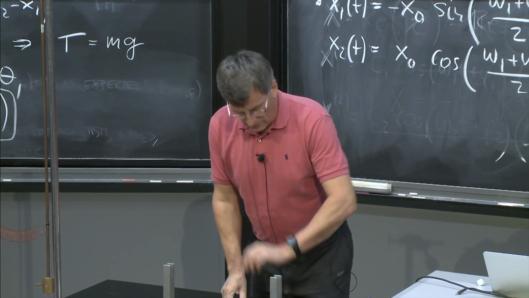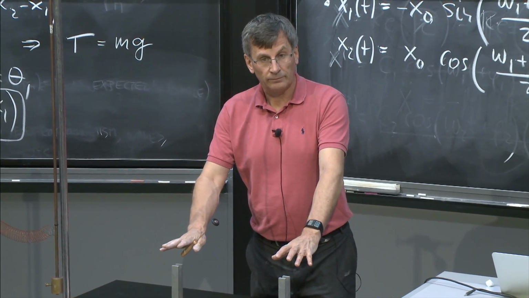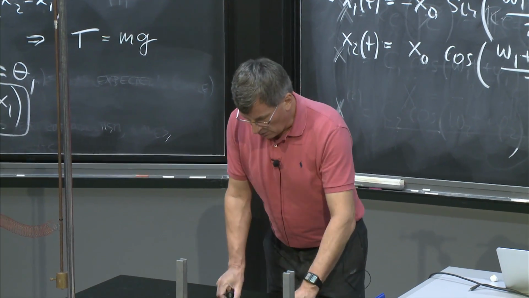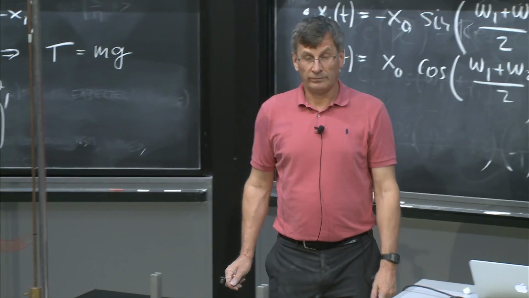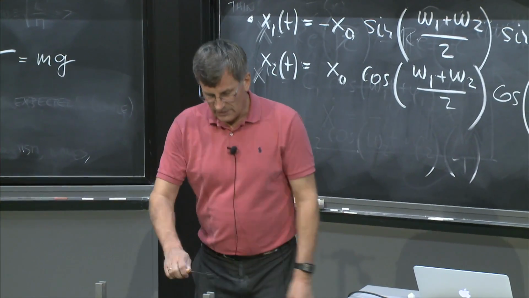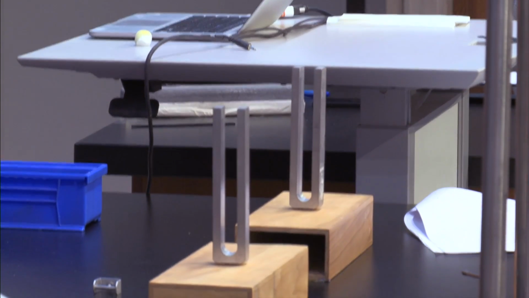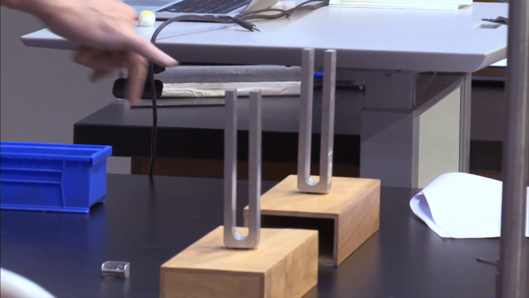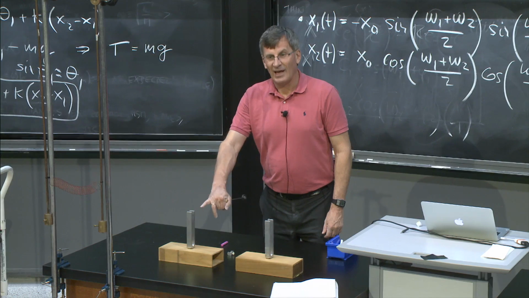There's another demonstration here. I have two tuning forks, and they have very similar frequency. First I will show you that they are coupled. They are coupled because I gave this one some initial condition. It's going, then I stop it, but there is still sound because the second one picked up some energy and took off.